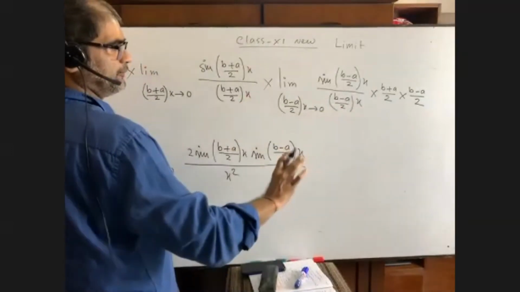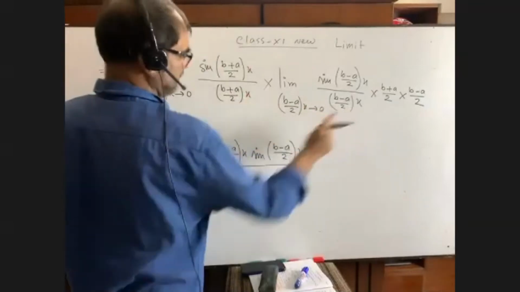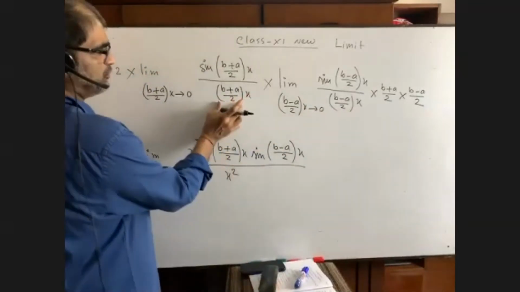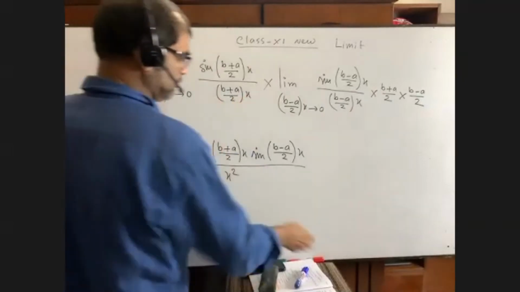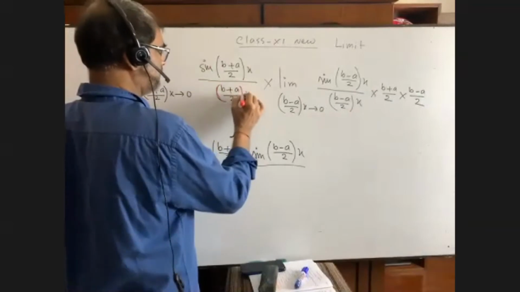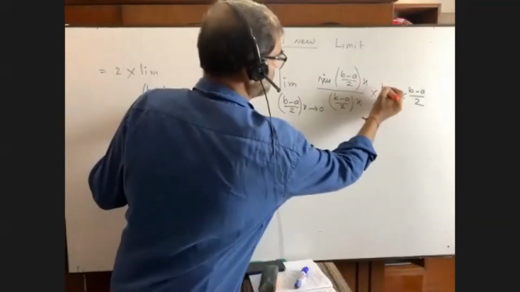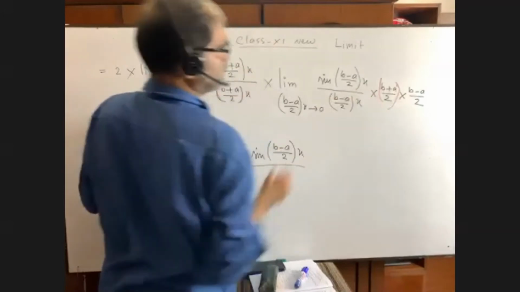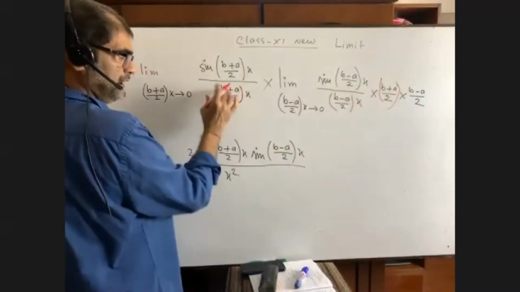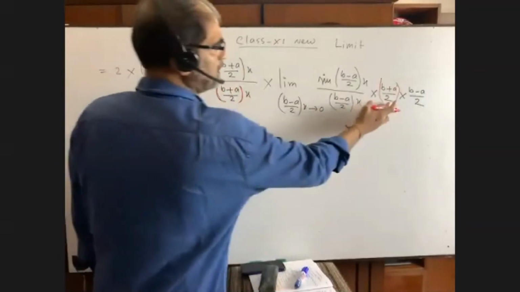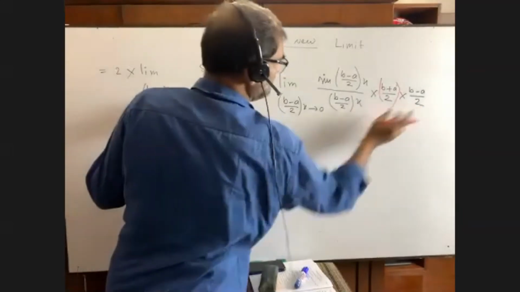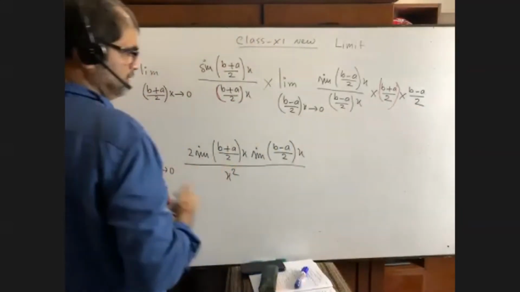Numerator is done. Denominator x square, no functioning on x. Now you see this part, I am going to mark it. This part has been vanished by taking this, so this will be omitted. It is wholly and fully in the denominator. It is wholly and fully in the numerator. Now again, this and this will be similarly omitted.